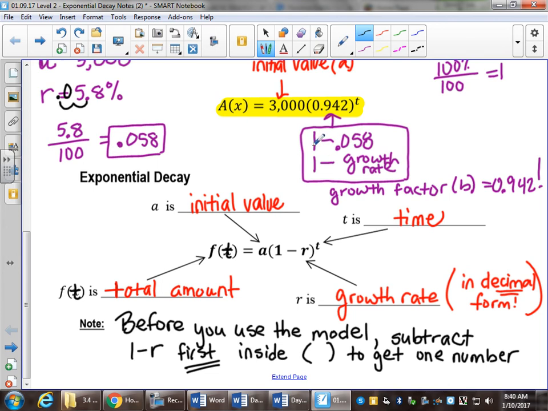What I mean by that is here, if I was building this model, my first step would say 1 minus 0.058. I have to do that subtraction to get one number inside parentheses.